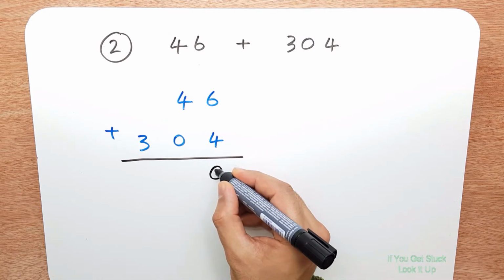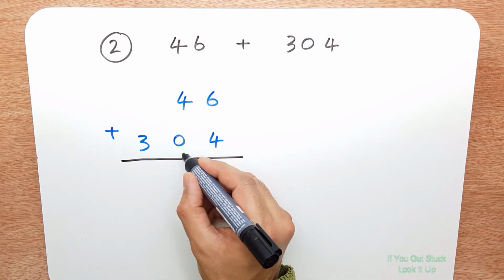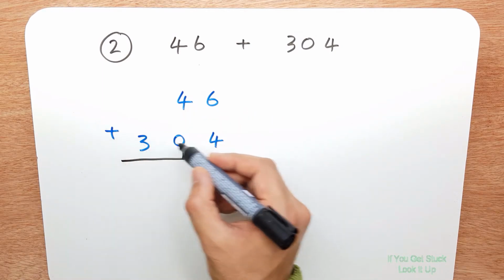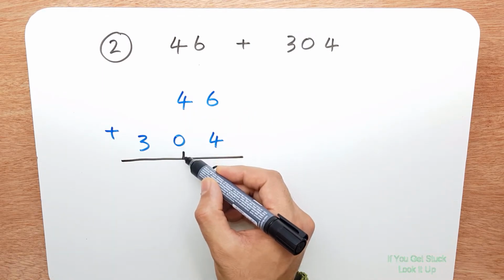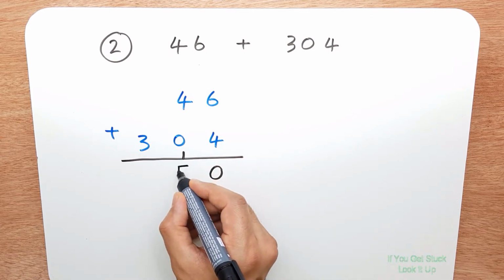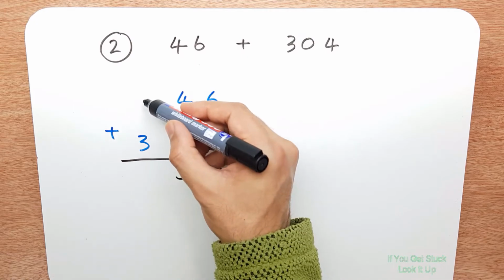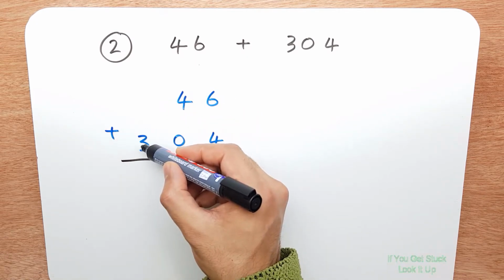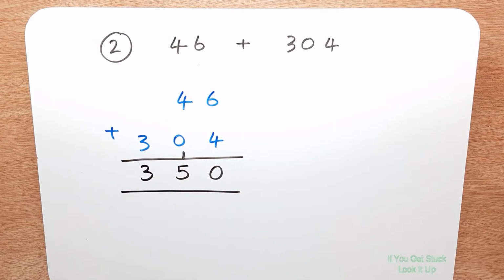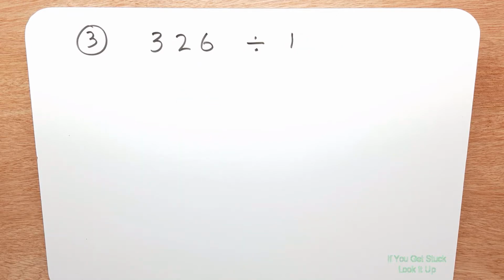Put the 0 here and carry the 1 over to the next column. 4 add 0 is 4, and then this 1 you've got to add on as well. So it becomes 5. And you have nothing here. Add the 3 is 3. So your answer is 350.